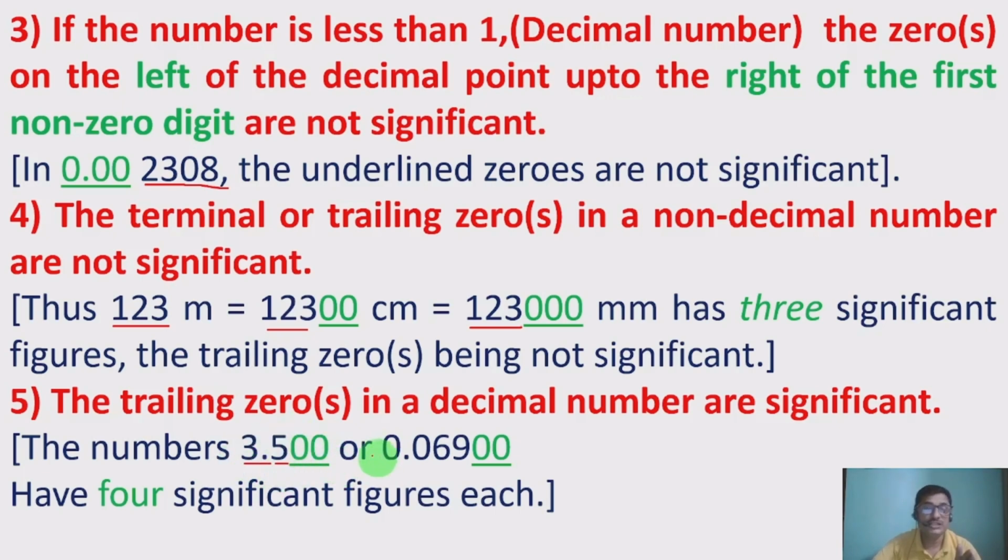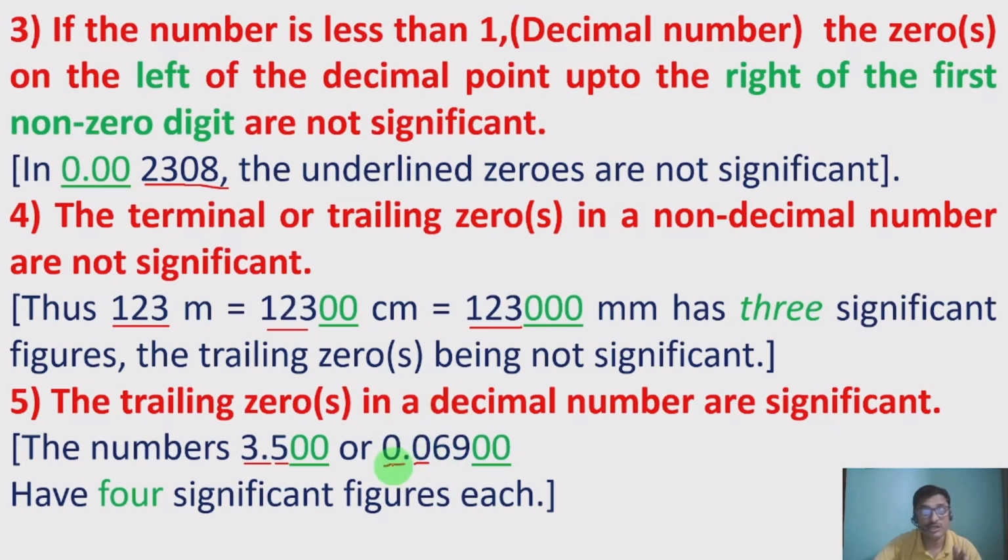Therefore, these four are significant. And according to the second rule that we have taken, the zeros to the left of the decimal point, and the zeros to the right of it up to the first non-zero digit, are not significant.